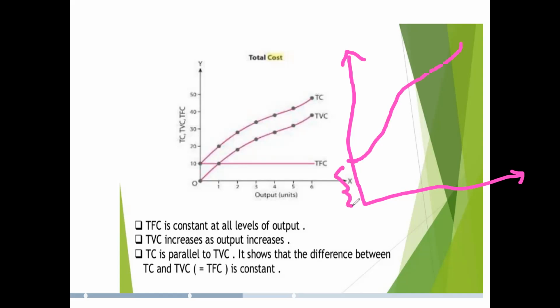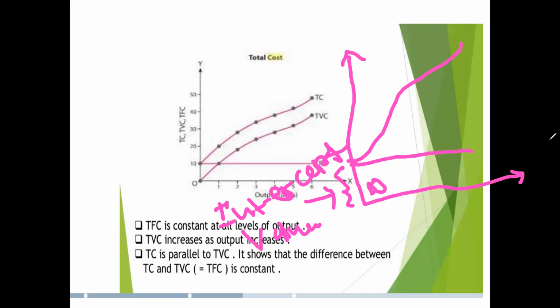Here the intercept value is equal to 10. Why is that? Because the fixed cost equals 10.